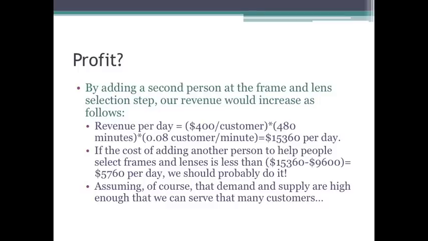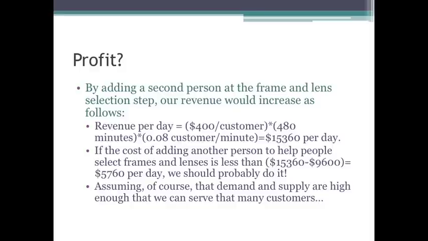So, by adding a second person to the frame and lens selection step, we see that our revenue has increased fairly dramatically. We see that our new revenue per day, with a throughput rate of 0.08 customers a minute, at $400 per customer, times 480 minutes, is $15,360 in revenue per day.